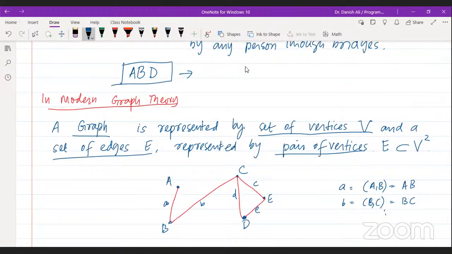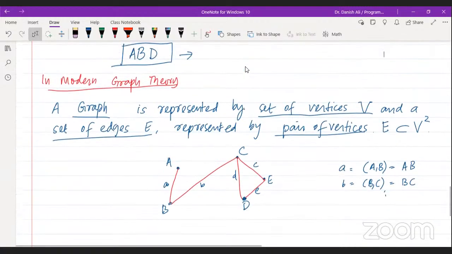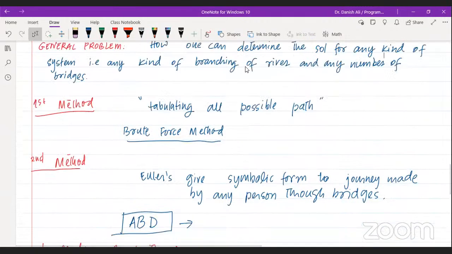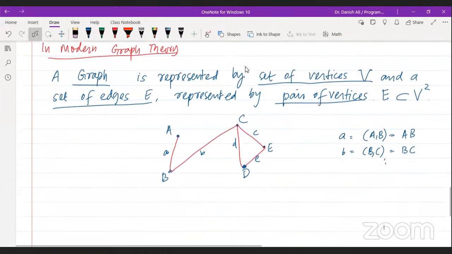For example, here AB is an edge, so you join A with B, and BC is an edge, so we join B with C. Okay, so this is the modern graph theory thing. Euler does not make any graph like this, but he denotes the bridges such that if we have a bridge from A to B, we write it as AB.